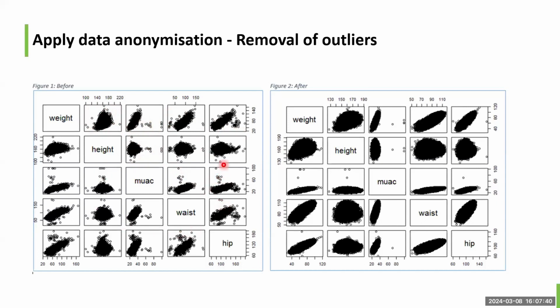So this is before we apply Winsorization. After applying Winsorization, this is what you end up with. So for example, let's take this one. Height versus MOAC. You see, there were a lot of outliers here, but now there are very few left. Take this one, for example, MOAC versus West.